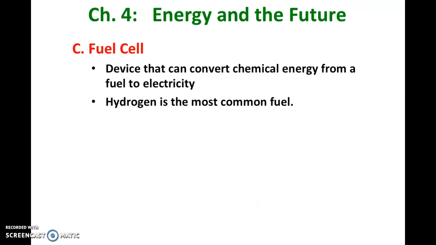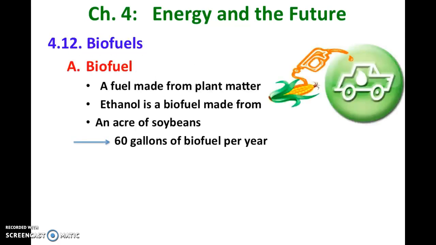A fuel cell is a device that converts chemical energy from fuel to electricity. Hydrogen is a typical or the most common fuel. A fuel that is made from plants is called biofuel, such as ethanol, which is a biofuel made from corn.